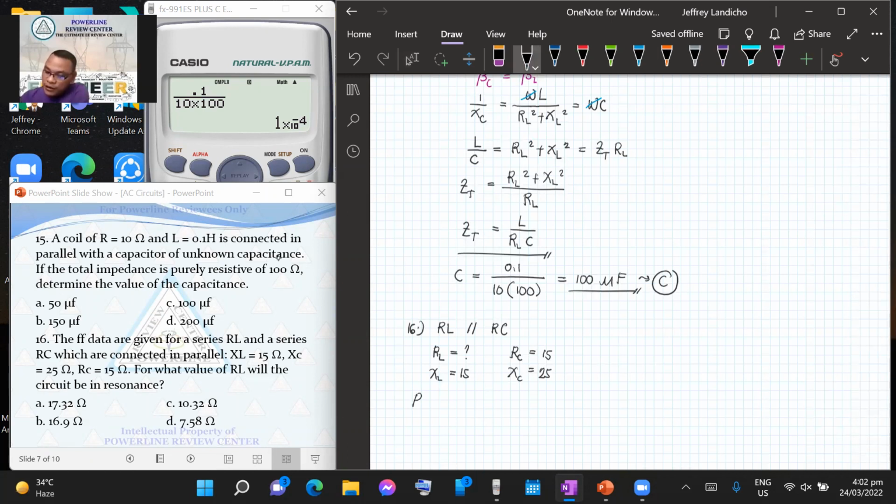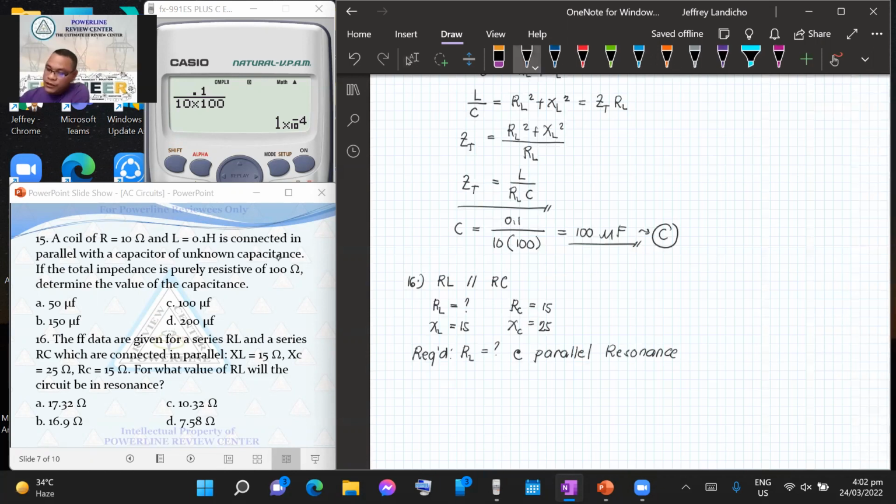So hinahanap lang what is the resistance in series with inductance RL at what condition. Since the two circuits are parallel, so we are dealing with what? Parallel resonance. So for parallel resonance, in order to attain parallel resonance, inductive susceptance should be equal to capacitive susceptance.